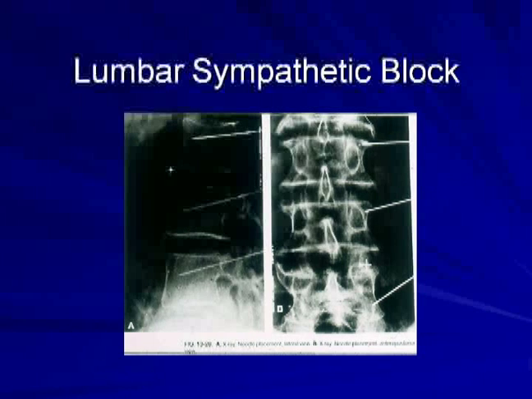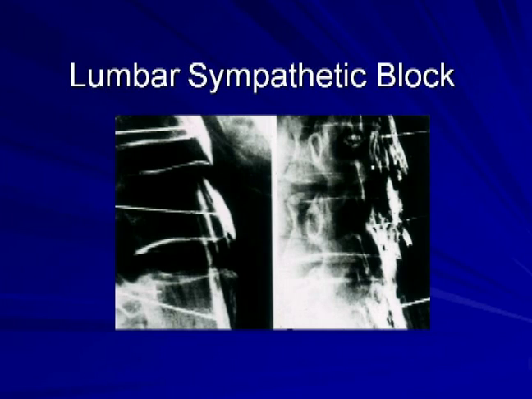It's a little hard to see the vertebral body, but here's the vertebral body, anterolateral aspect, just under the facet, just lateral to the facet joint, and that's what you would look for fluoroscopically. Here you inject dye, and you see the spread of dye in front of the vertebra.